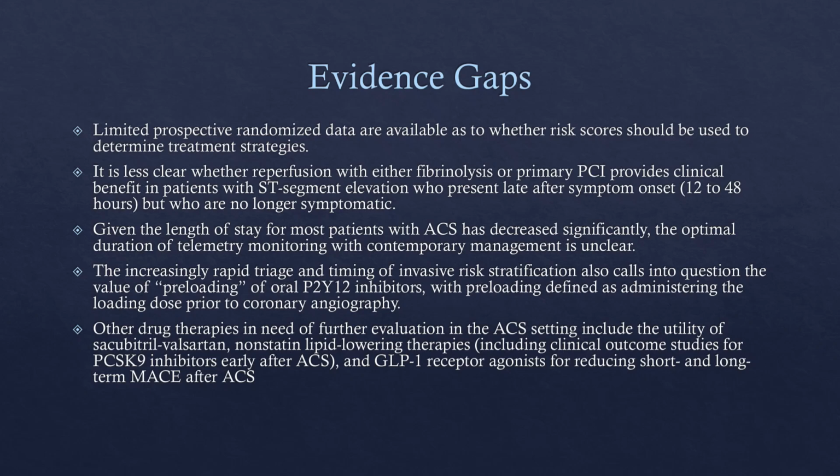Then again, one of the biggest evidence gaps, I must say, would be the lack of clarity on preloading with the newer P2Y12 inhibitors. These guidelines do not help us in defining that, and this document does not tell us about the use of other drugs like sacubitril valsartan, non-statin lipid lowering therapies, or GLP-1 receptor agonists, etc.